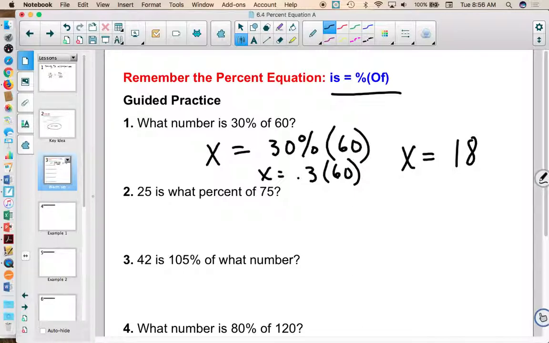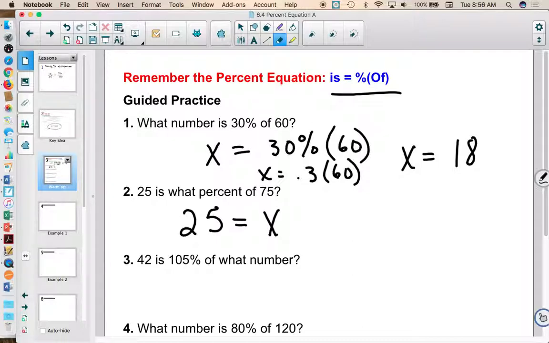Now, here's the next one. 25 is what percent of 75? How do I write that equation? Somebody help me with this. Trenton? 25 equals, yep, keep going. x times 75. There you go. Can I write it just like that?